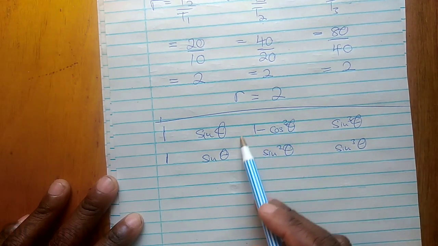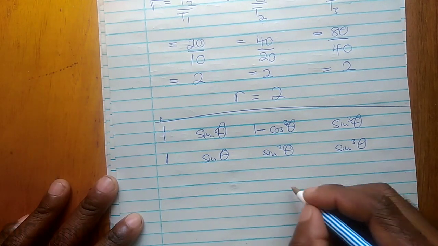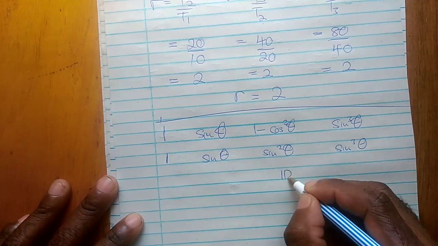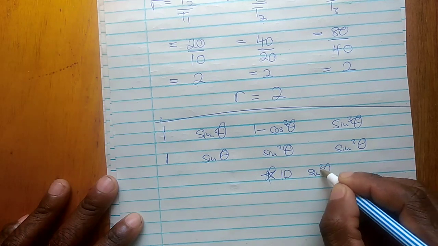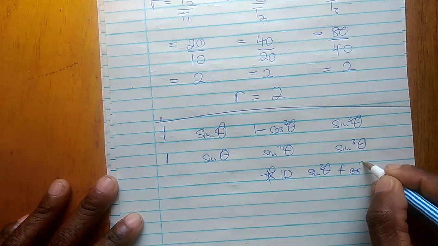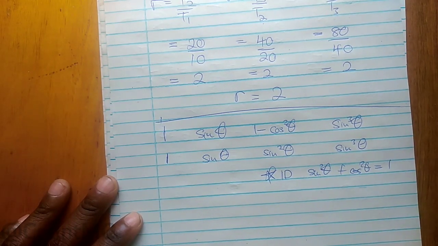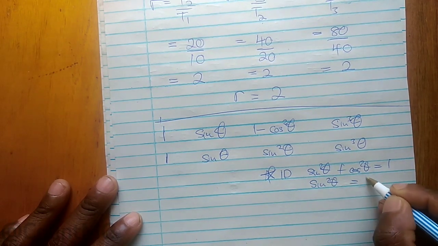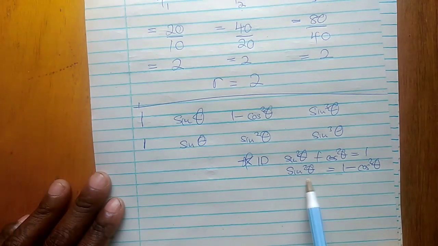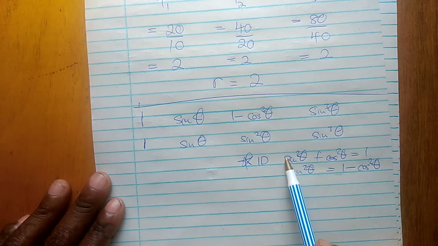This is from the trig identity: sine squared theta plus cos squared theta is equal to 1. This can be simplified to sine squared theta equals 1 minus cos squared theta. You did this in grade 11, because in grade 11 you do two trig identities. This one, and sine theta over cos theta equals tan theta, that's the other one.